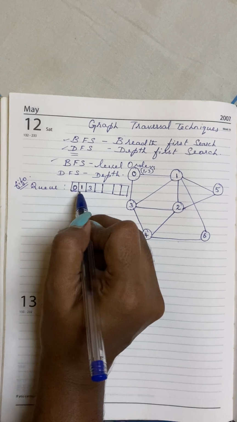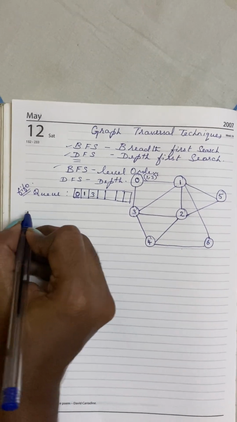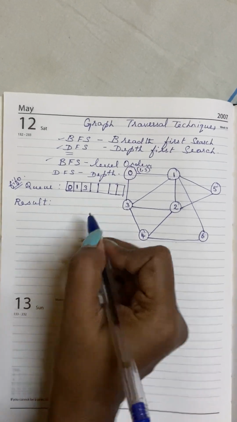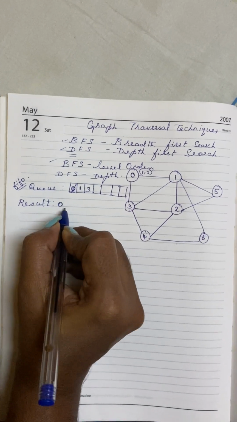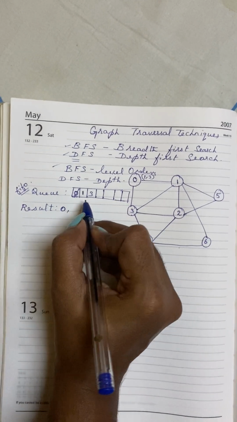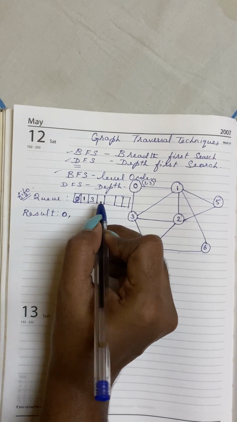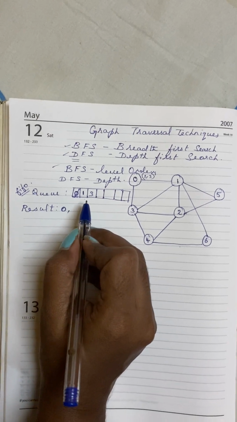You can write it either way, even 3 and 1, no issues. So how is our result going to be? First we have visited the root, so you write 0. Next you have 1, which is an adjacent element. Either it can be 3 or 1, it doesn't matter. Here in our problem I have taken 1.